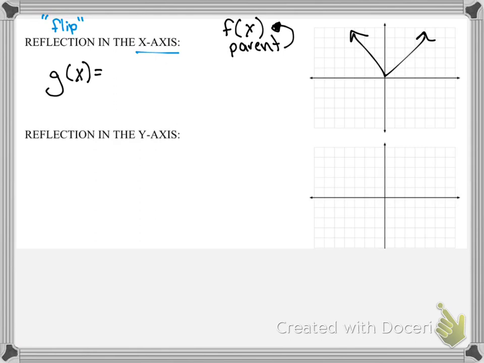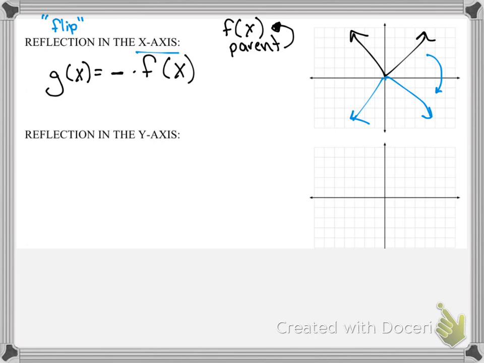If I want to flip it over the x-axis, I multiply by a negative out front, so it's the negative of f of x. Basically, I multiply out front by a negative, and that will flip this over the x-axis. It basically flips it down here. So then now it would look like that.